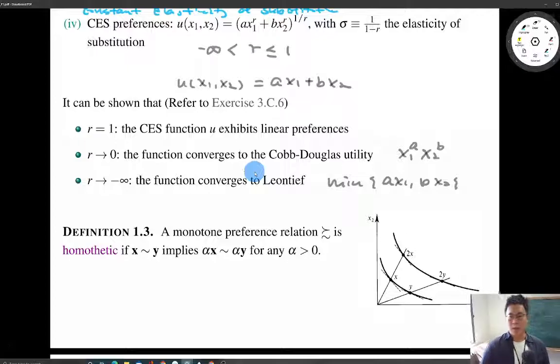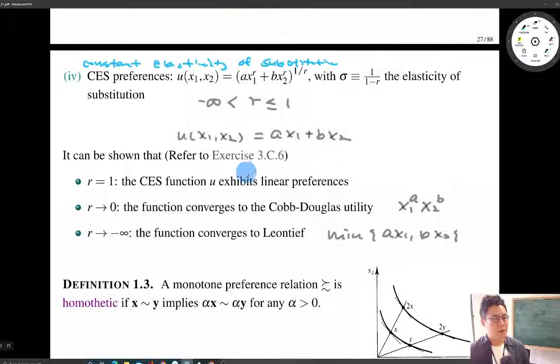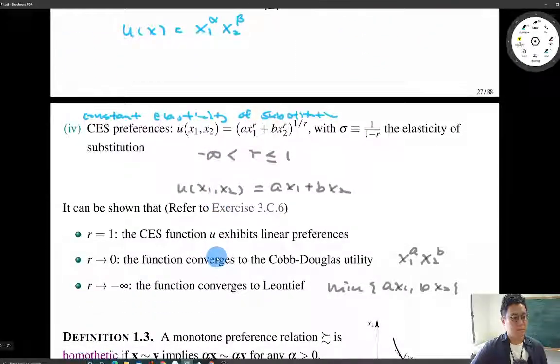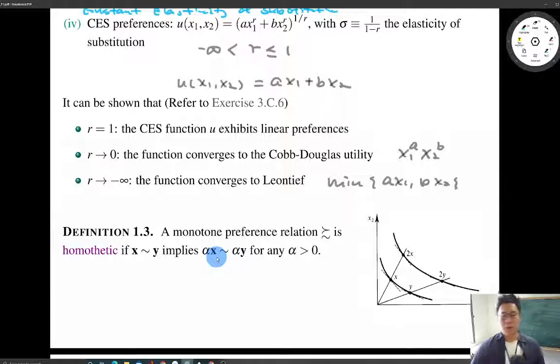All right, so depending on the value of r, the CES utility function incorporates the previous three utility functions: linear preference, Leontief preference and Cobb-Douglas preference. One more important fact about this CES utility function is that it is homothetic.